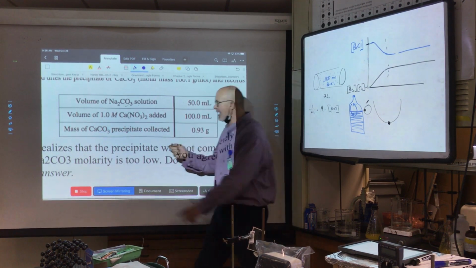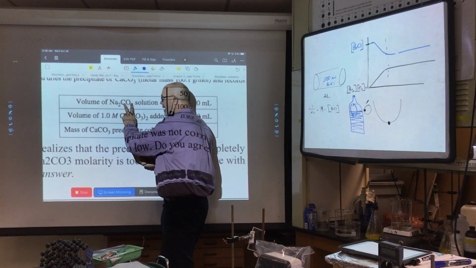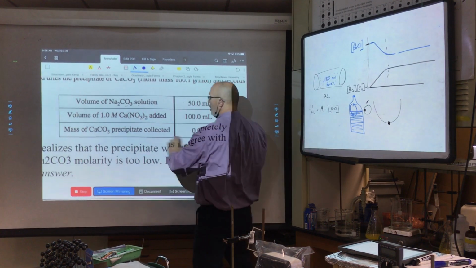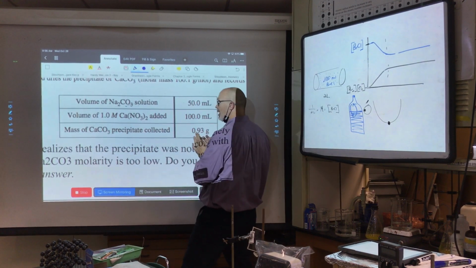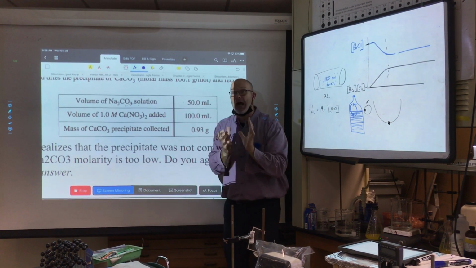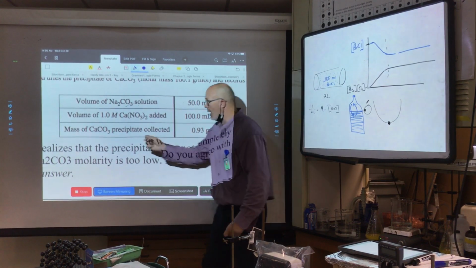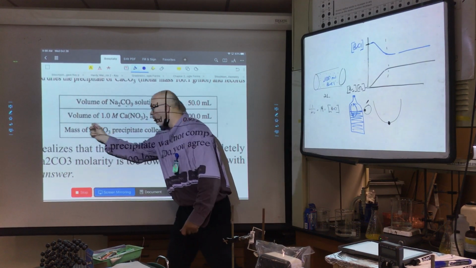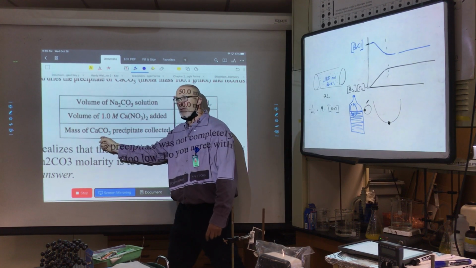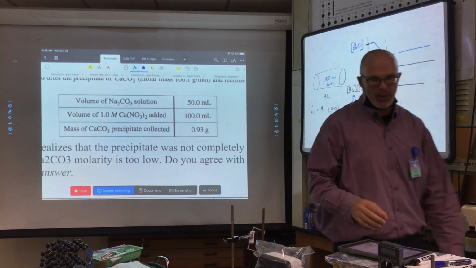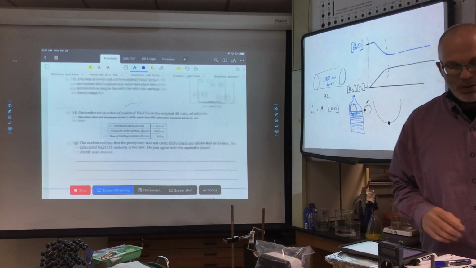Precipitation analysis. Take out one of the ions. Add excess so that every single one of these precipitates out. Knowing the formula, you do your stoichiometry. Don't fall in love with the idea that it's always going to be 1 to 1 to 1 to 1. In this case, there was one carbonate per one of these. You may see this problem where it's not 1 to 1. Just be careful, okay? And I'm going to stop there. All right.